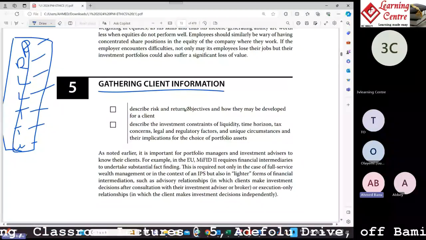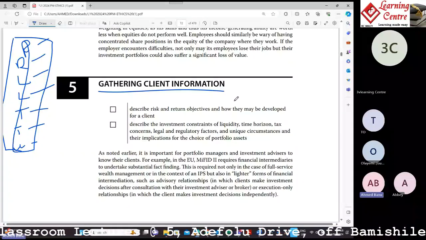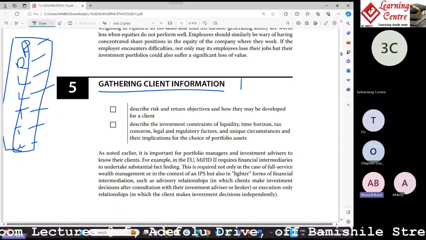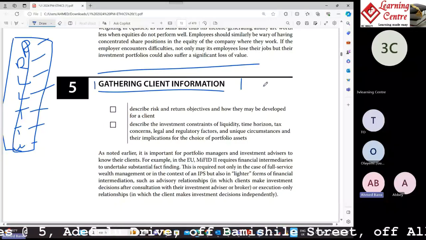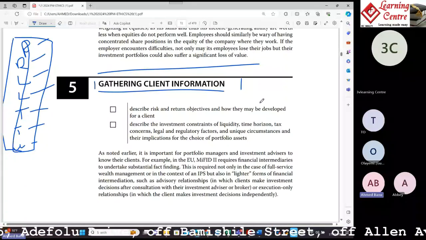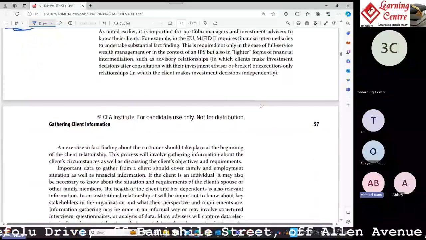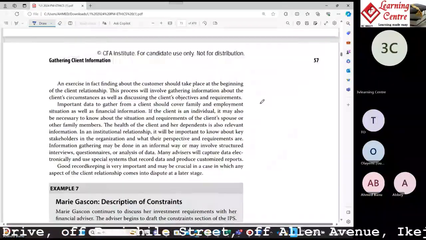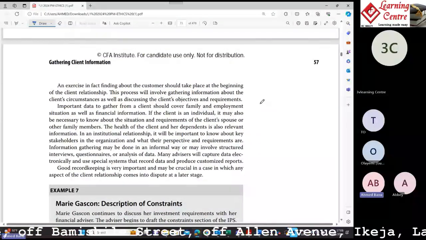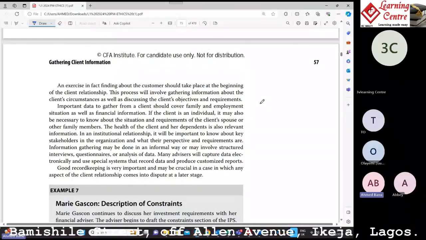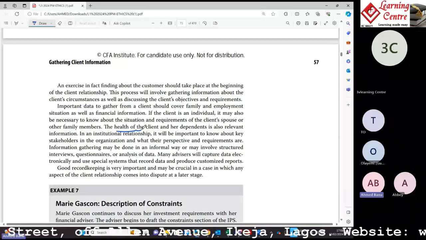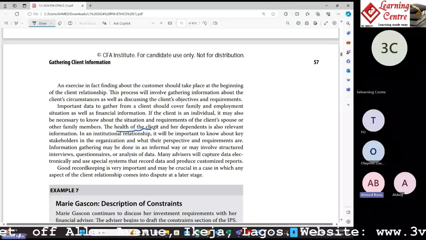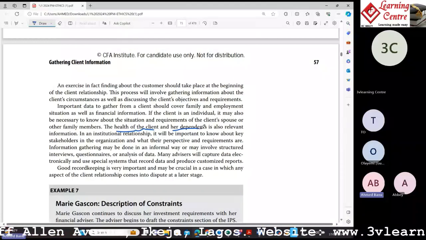Now, client information gathering, like I mentioned, it is very important you gather all the information that you need about your clients. It is just too important. You need to know your clients, not necessarily that you'll be following up and down, no, but at least you need to know the most important of the important. And a typical example is the health. Not only the health of the client, the health of the client's family.